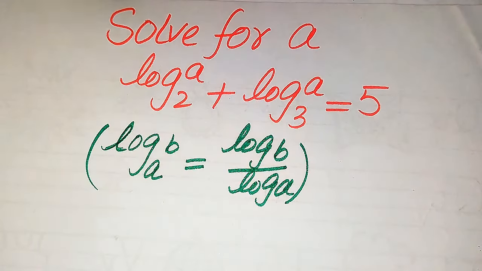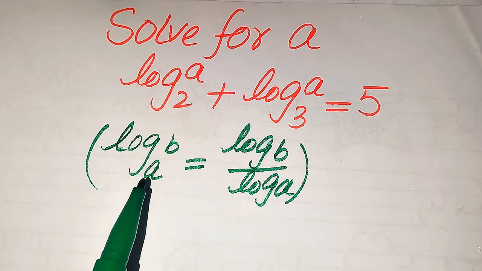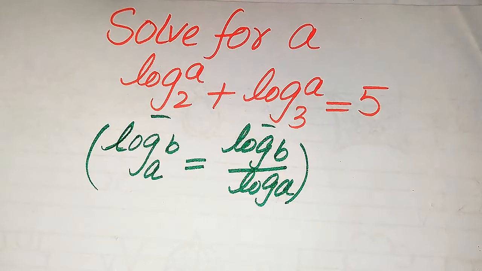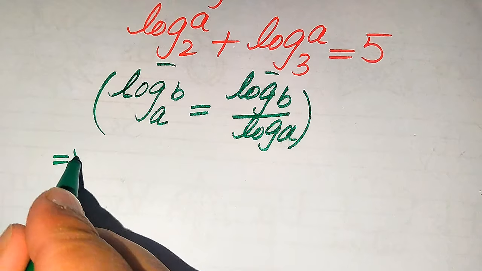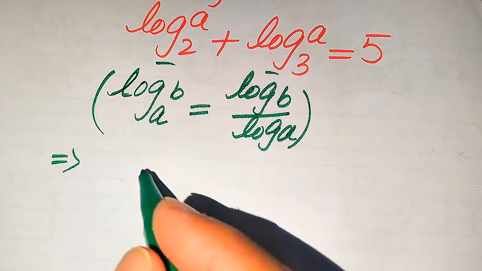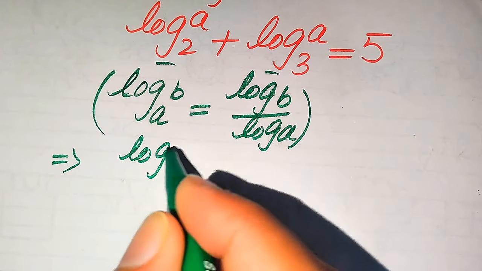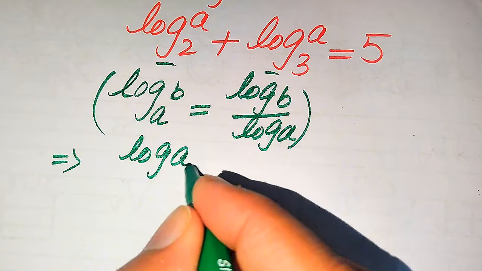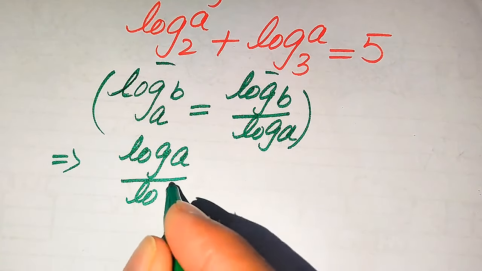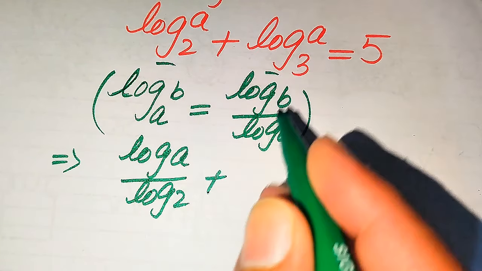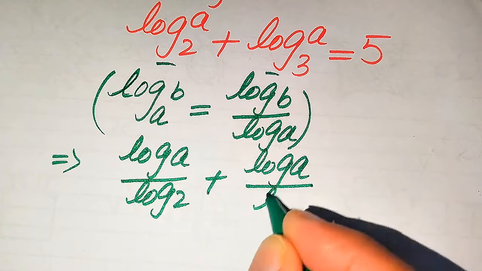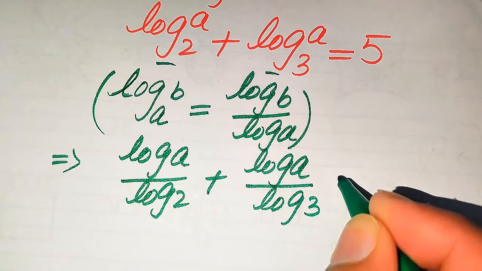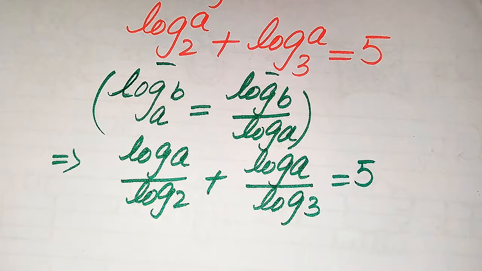According to this property of log, we apply it on both of these two terms, and after applying this property our above equation is written in this form. First you have log of a divided by log of 2, plus log of a divided by log of 3 is equal to 5.